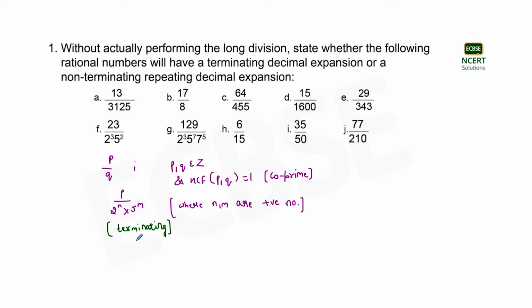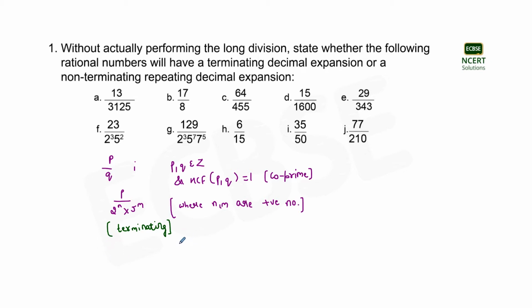But keep in mind that the denominator should only be in terms of the factors 2 and 5. There should not be any other factor except these two numbers. If there happens to be another factor along with 2 and 5 in the denominator, then that number will have a non-terminating decimal expansion.